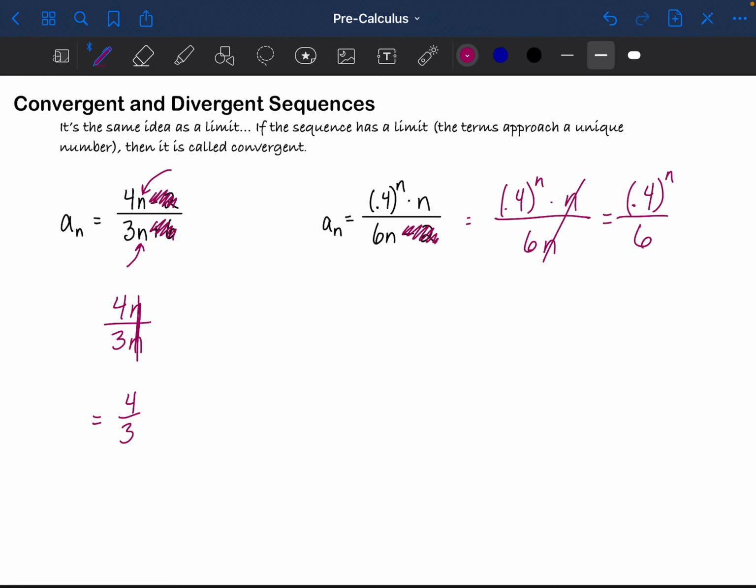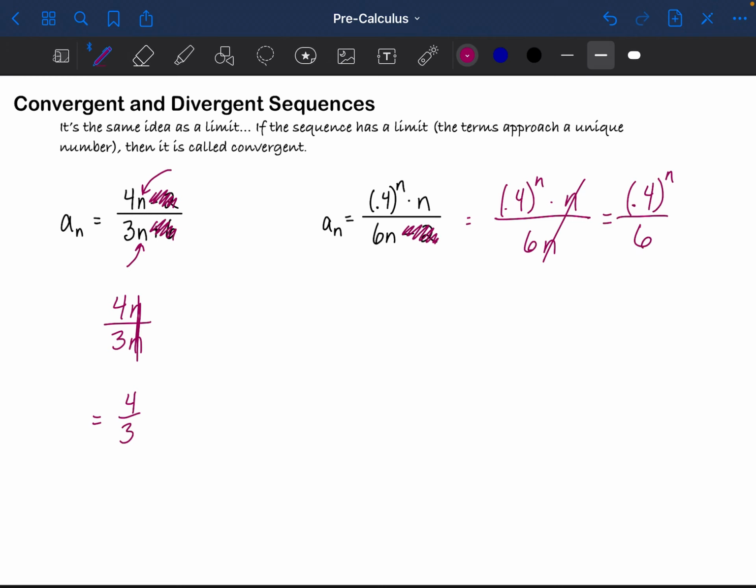If you're just looking at this and you see that, oh, n's going to get super huge and it's in the numerator, this is going to shoot off to infinity. You have to be careful because it's a decimal to a power, right? When I put 0.4 to the 10th power, 0.4 to the 100th power, that's going to get really, really small. Whenever we put a decimal to an exponent, it gets smaller and smaller and smaller.